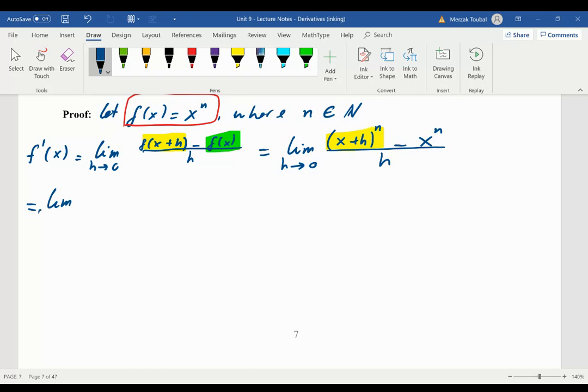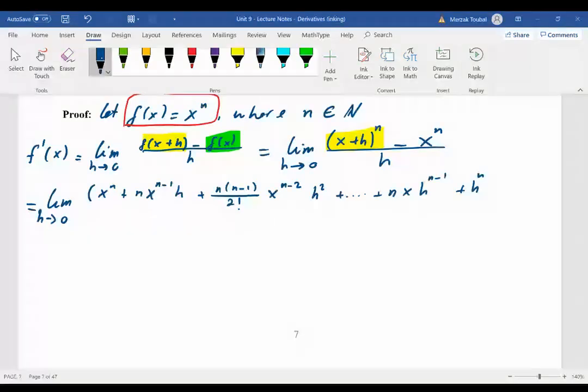So the limit as h approaches 0 of x to the power of n plus n x to the n minus 1 times h plus n times n minus 1 over 2 factorial times x to the n minus 2 h squared plus many terms in between, plus n x times h to the n minus 1 plus h to the n.